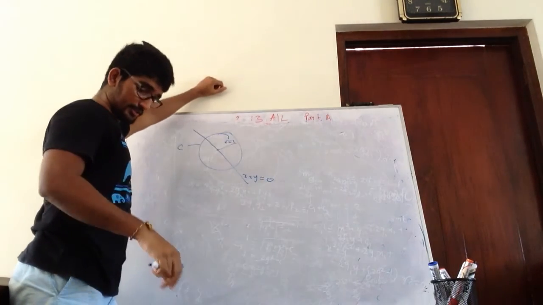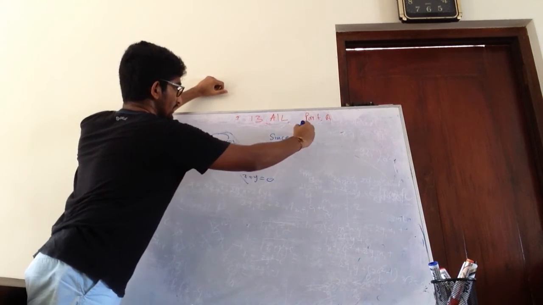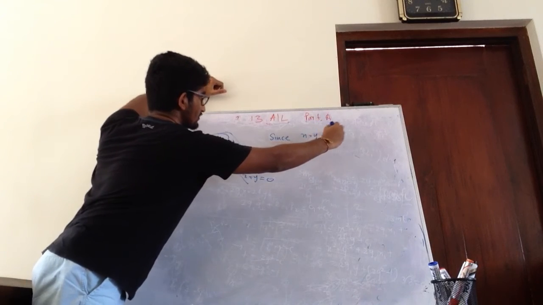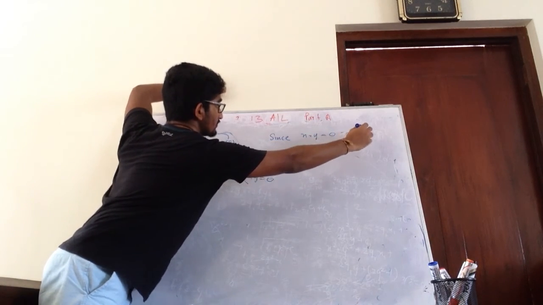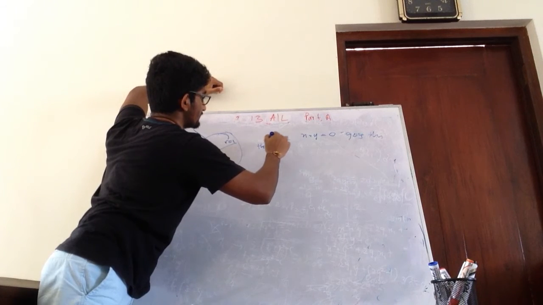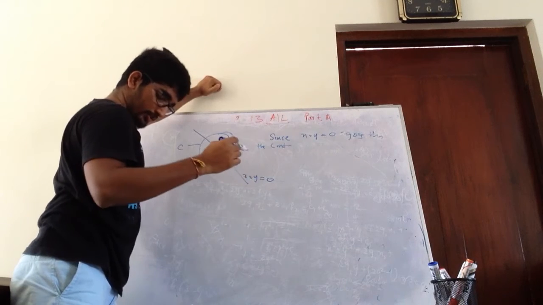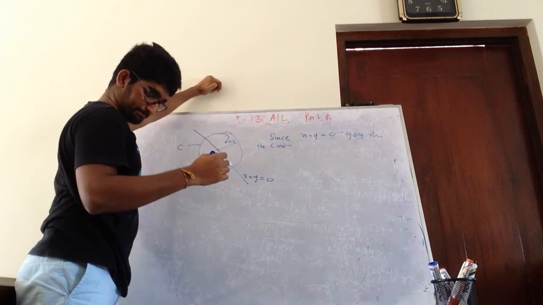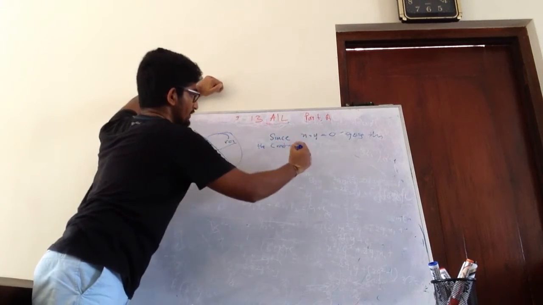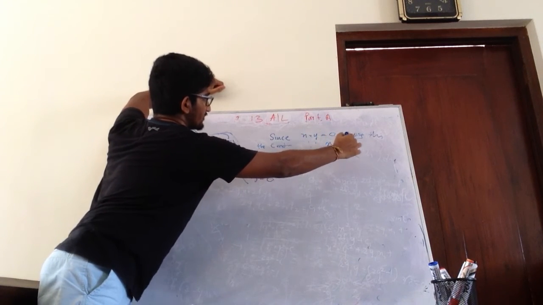So basically, since x plus y equals 0 goes through the center, that is x equals minus y.